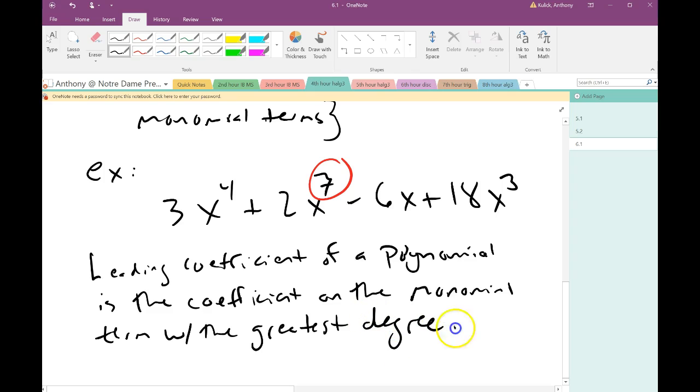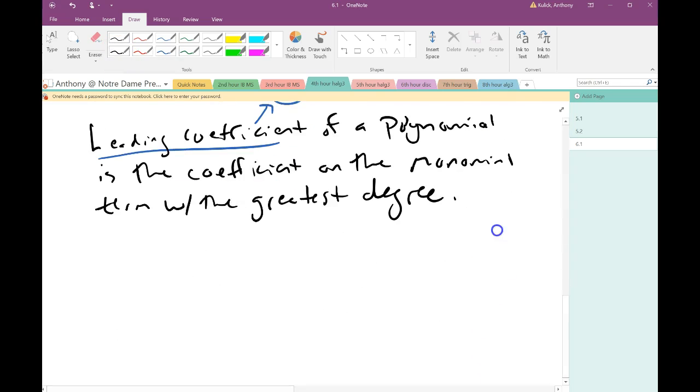And that's a whole lot of words to say that the leading coefficient, for example, would be that. It's 2. It's the coefficient on the biggest degree.